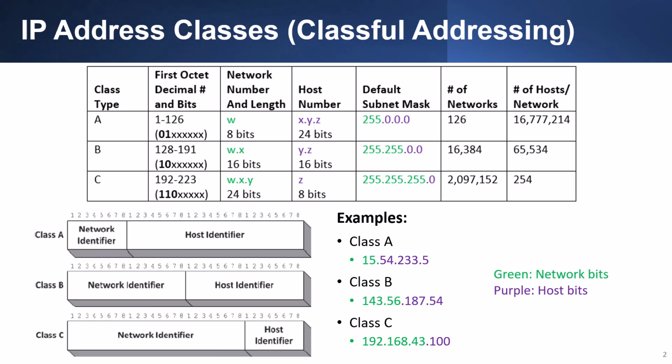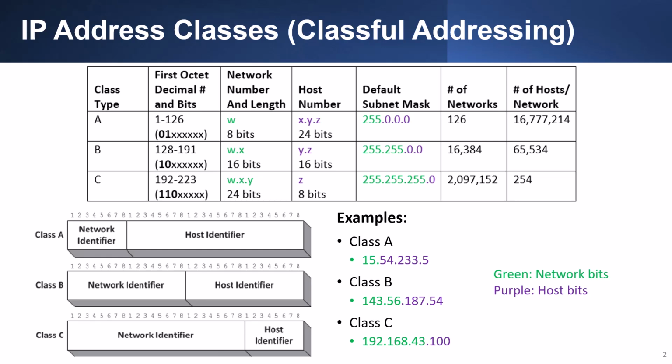For example, with the 15.54.233.5 address, the network part of the address is 15, and the host part of the address within the network is 54.233.5. All hosts within this network have to begin with 15. As you can see with the 143.56.187.54 address, the network part of the address is 143.56, while the host part of the address is 187.54.